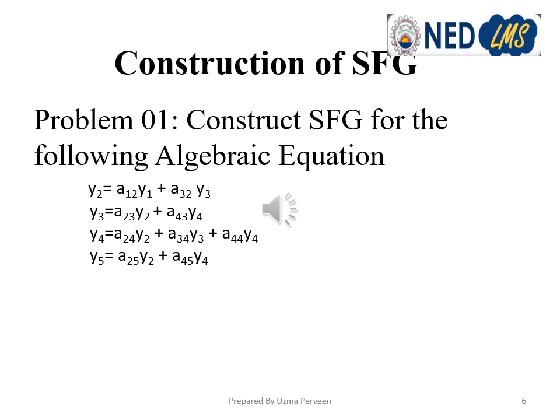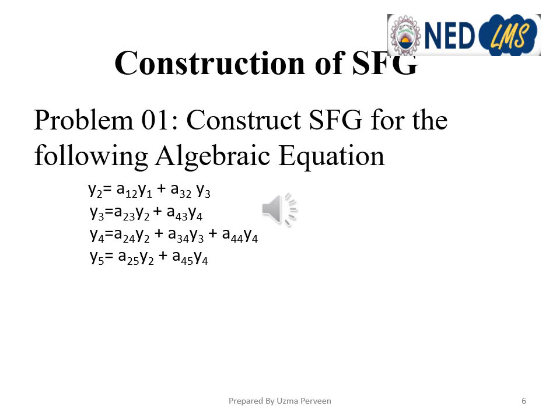Please keep in mind that every term in the equation has a branch associated with it. In the first equation we have two terms, a12 y1 and a32 y3, so when we construct the signal flow graph for it, we will have two branches.